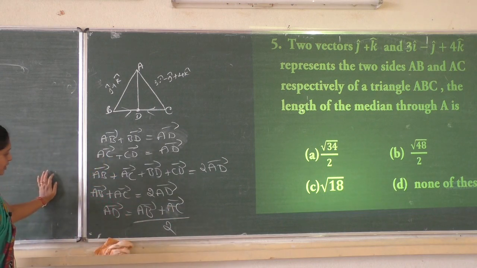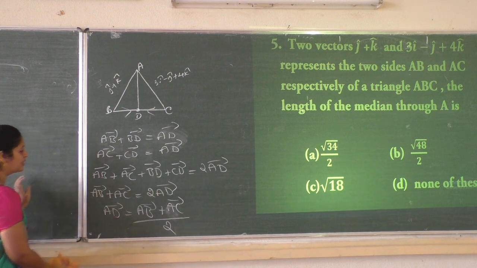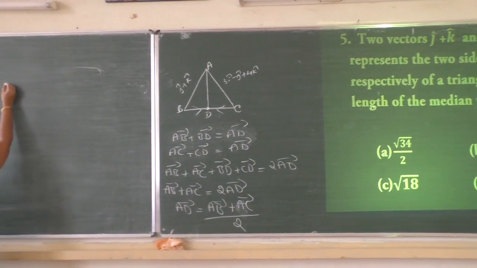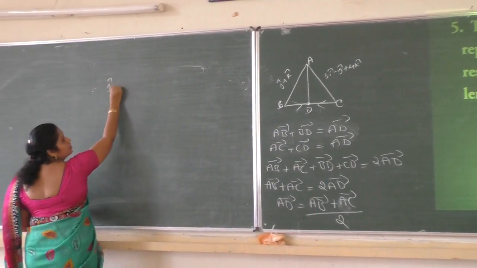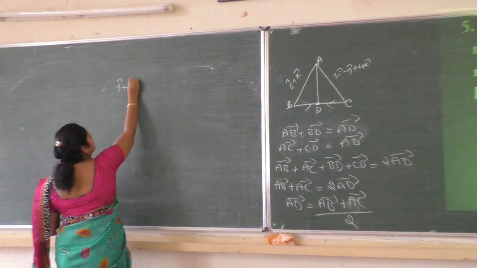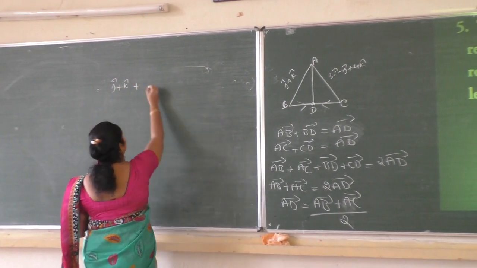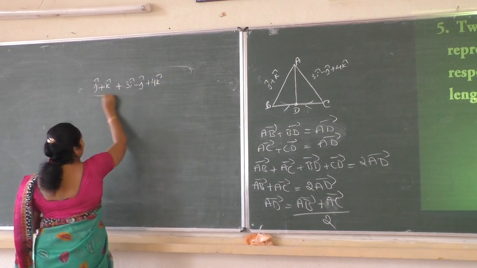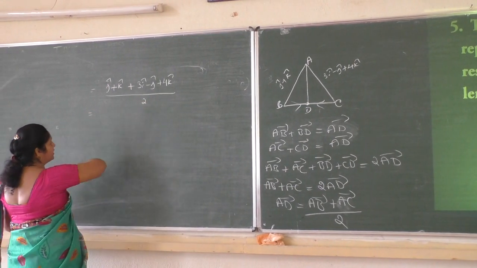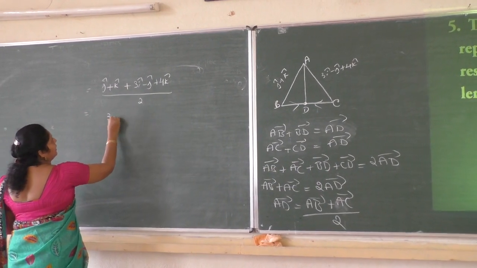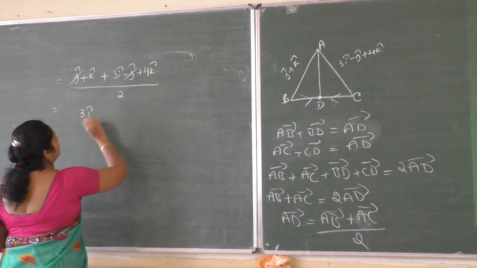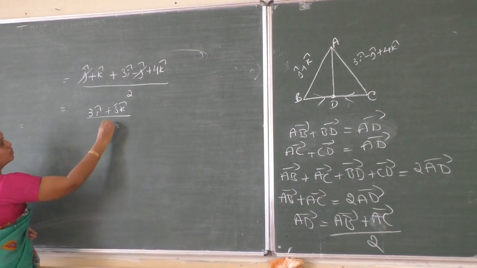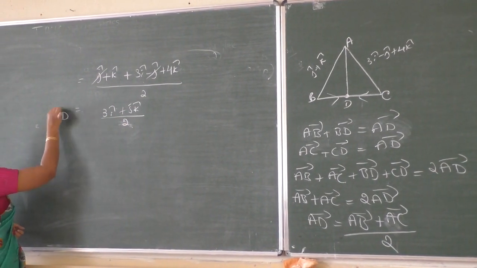Vector AB is given, vector AC is given, so you can write vector AD, then find the magnitude of that vector. What is vector AB? j plus k, plus vector AC, 3i cap minus j cap plus 4k cap, divided by 2. That is equal to 3i cap, j cancelled, 5k cap, by 2, which is vector AD.